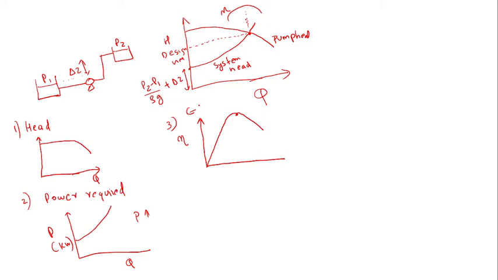So this is the variation: the head first increases and then decreases, the power required always increases, and the efficiency increases and decreases, and it is maximum at the best efficiency point, BEP.